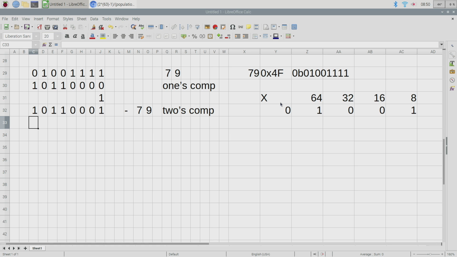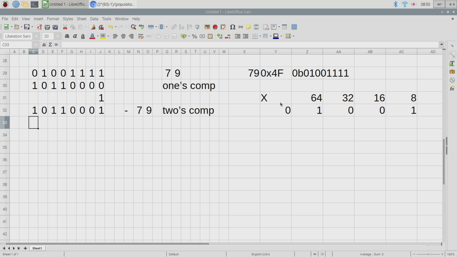All of the positive numbers have a 0 there, because what's the biggest positive number we could represent? 127, and those all have a 0 in that far left bit position. So I know instantly that I've got a negative number in front of me in the signed system.